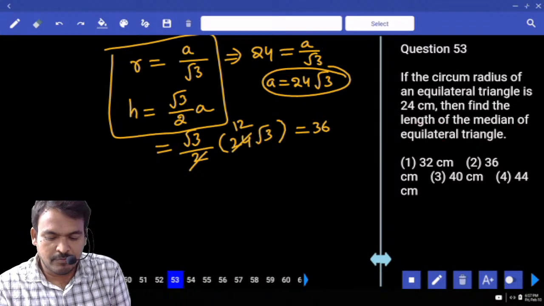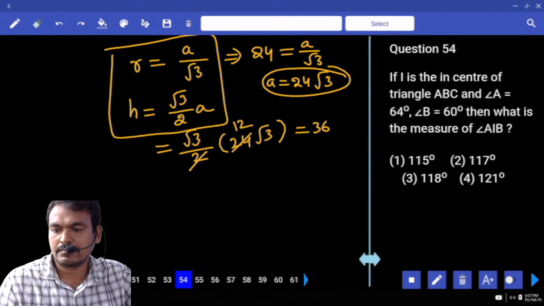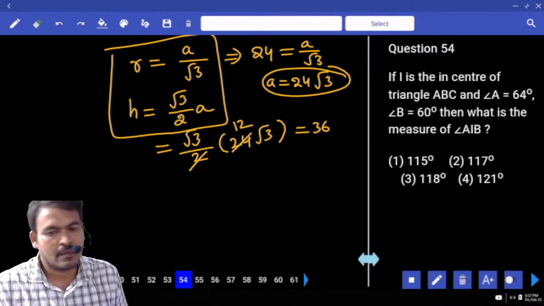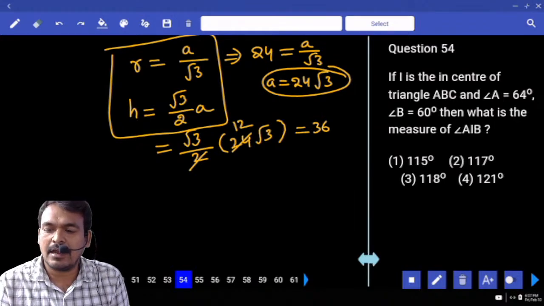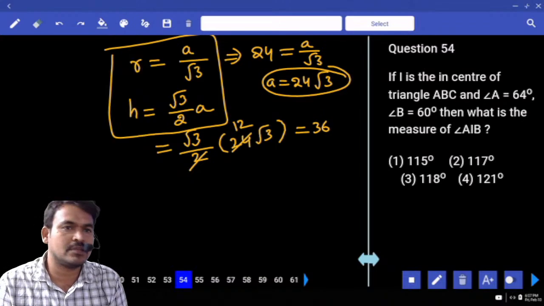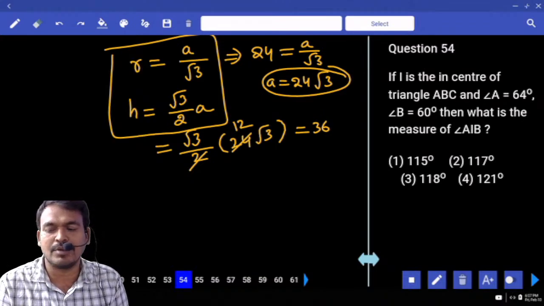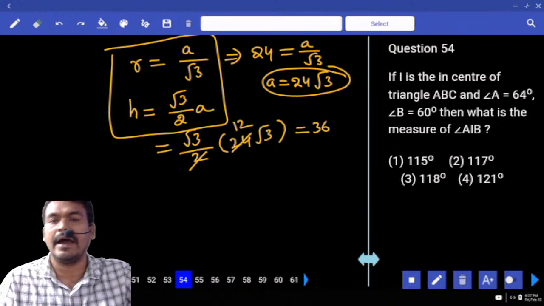Next question number 54. If I is the incenter of triangle ABC and angle A is 64 degrees and angle B is 60 degrees, then what is the measure of angle AIB or not?